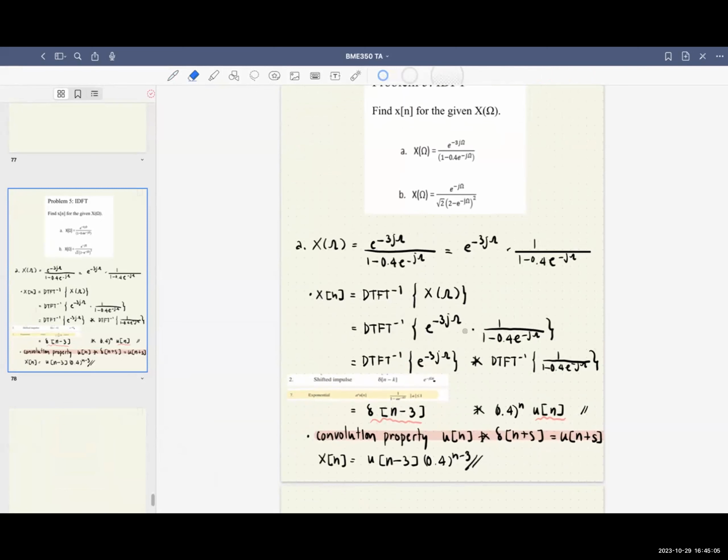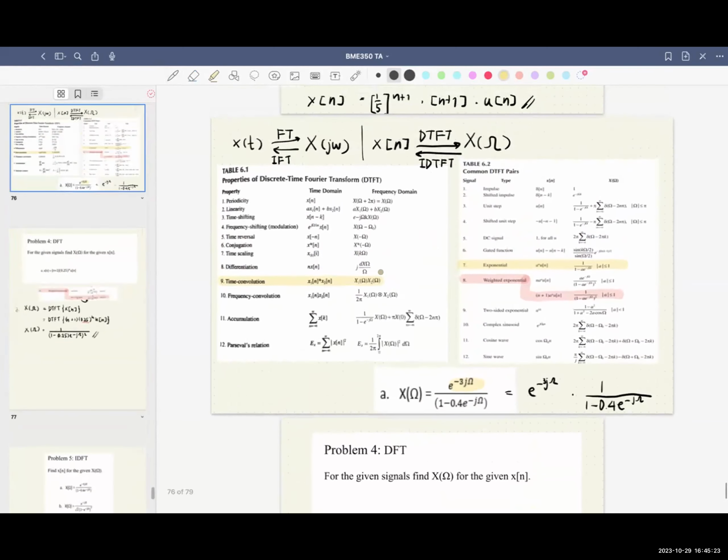It is because these two are in the frequency domain and multiplying each other. If we look at table 6.1 for the time convolution property, when we have frequency domain signals multiplying each other, when we change them to time domain signals, the time signals will actually be convolving with each other. Okay, thank you. Okay, cool.